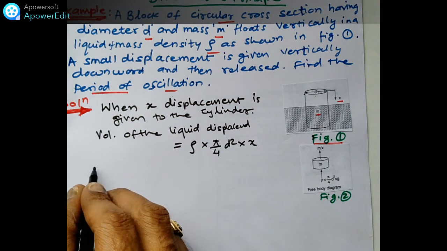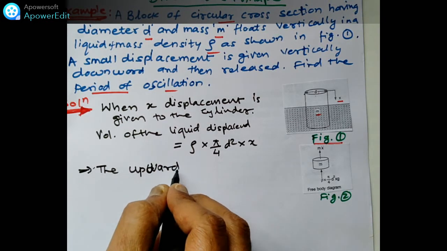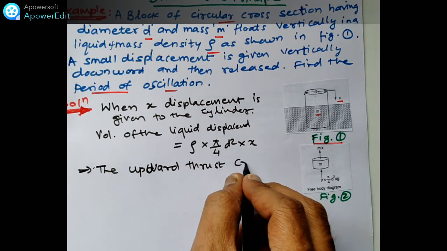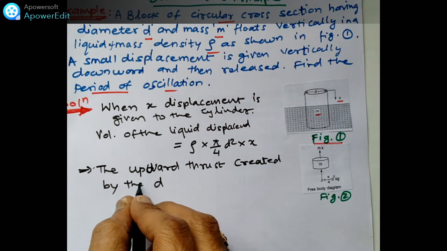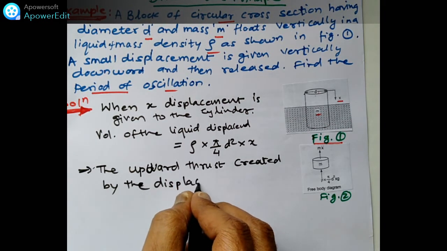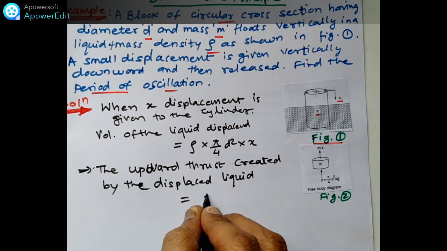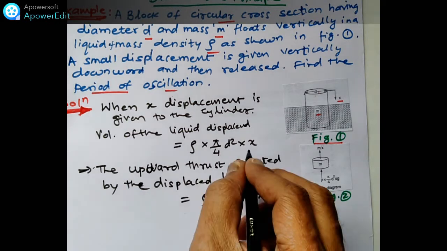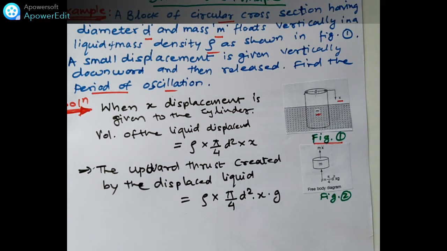The upward thrust created by this displaced liquid will be equal to rho into pi by 4 d square into x, into g, where g is the acceleration due to gravity.